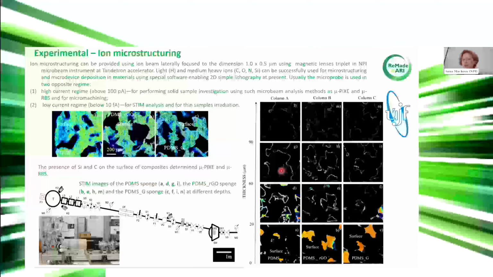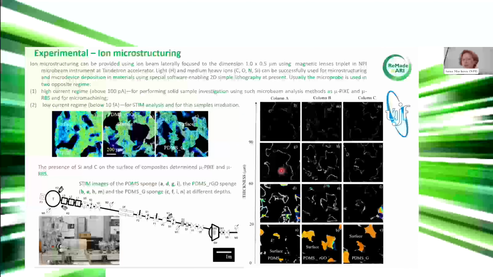And simultaneously, if we increase the current, we can scan with the beam over the area, and we can take PIXE X-ray spectra and RBS spectra, and from this we can see the elemental maps.